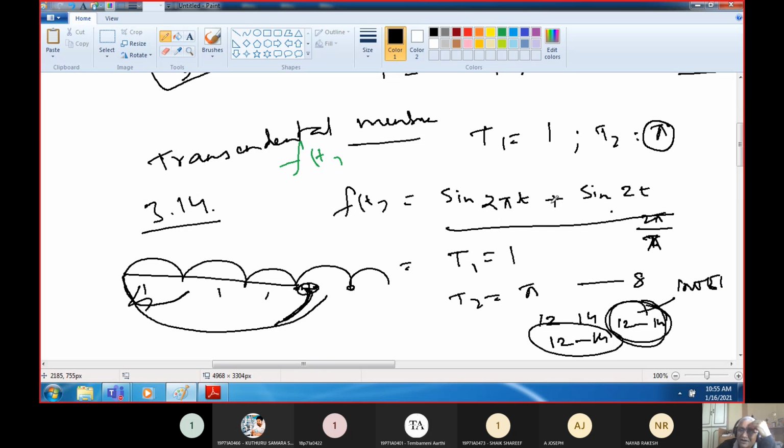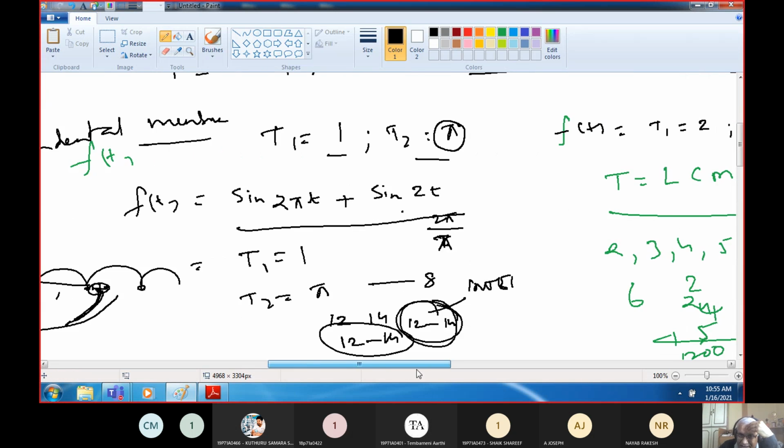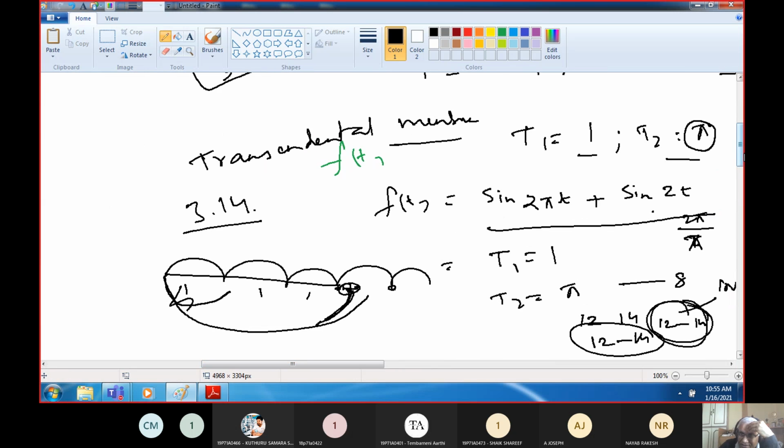So whenever one of the two time periods is not an integer, okay, or we will put it this way, not one of the two numbers, to find the LCM of both T1 and T2, when you are dividing them, this is the correct way of looking at it.